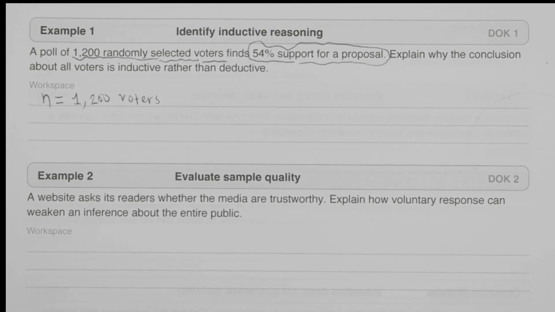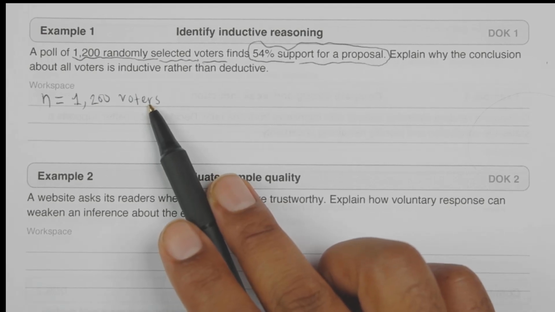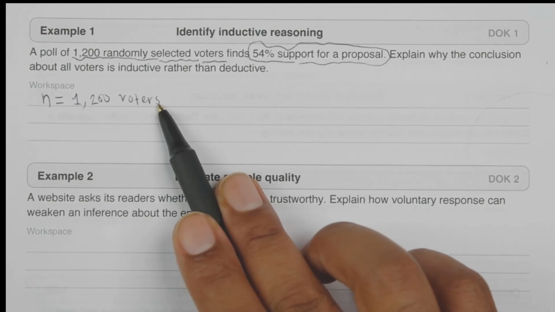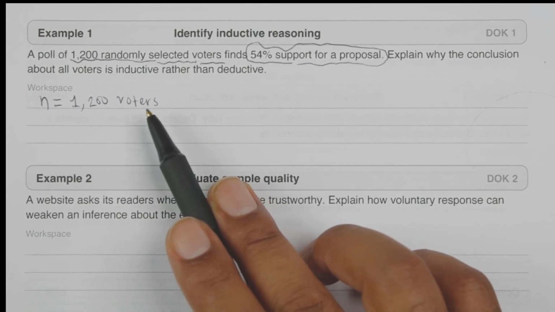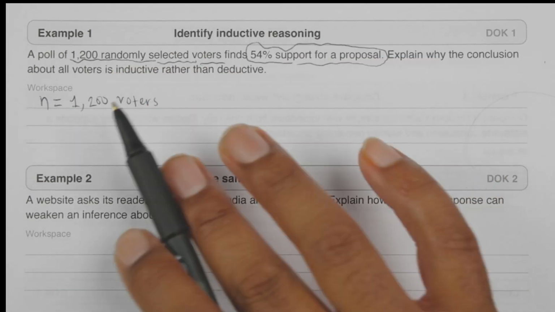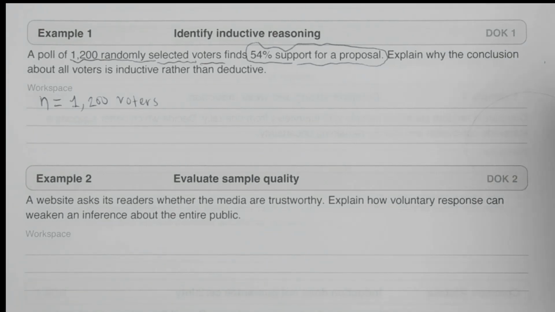But what they're doing is observing only a sample and using that sample to make an inference about a much larger population. So this is called inductive reasoning.